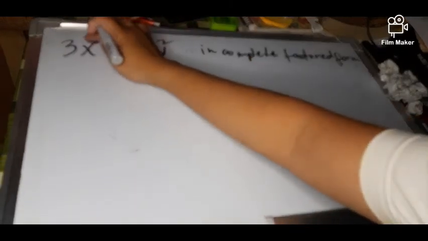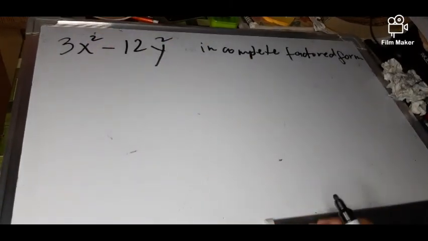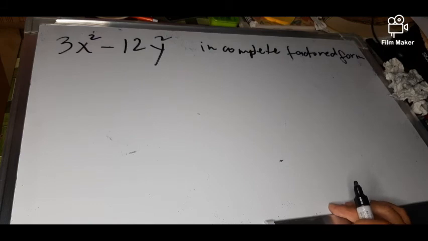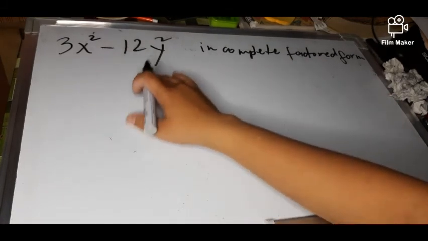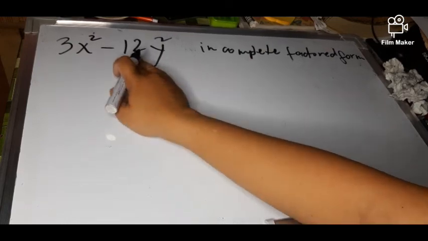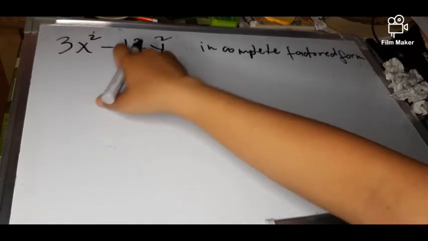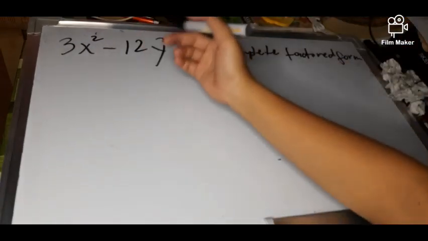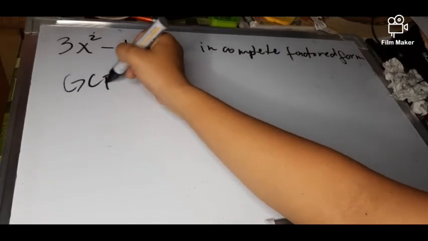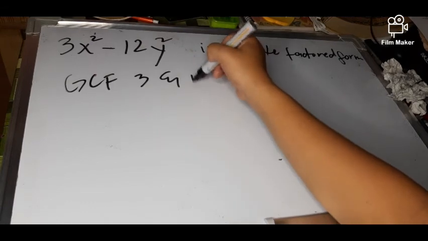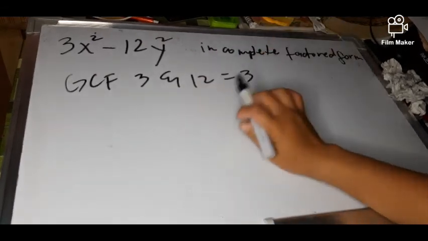So, hindi siya perfect square. Pero pwede natin gamitin yung ginawa natin kanina. Ipa-factor out natin muna yung meron silang factor o multiple pareho. O, si 3 at 12. Kunin natin yung GCF ni 3 at saka ni 12. Anong GCF ni 3 at ni 12? So, it is equivalent to 3.